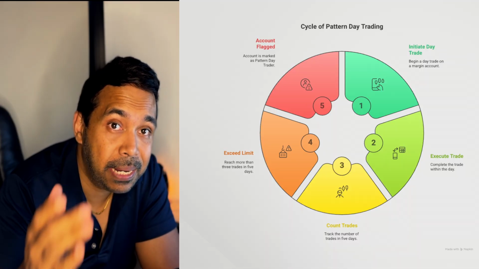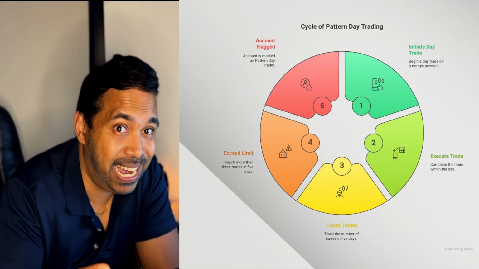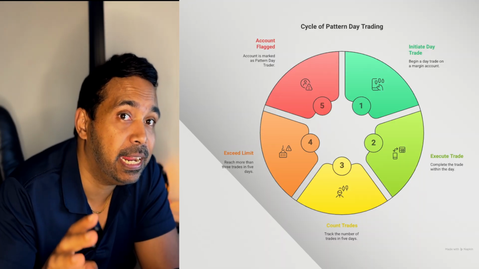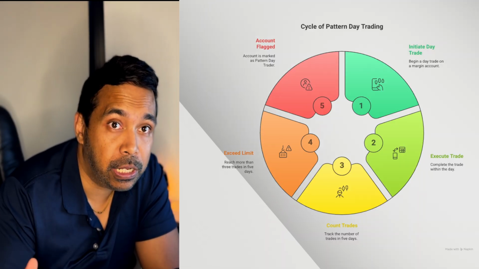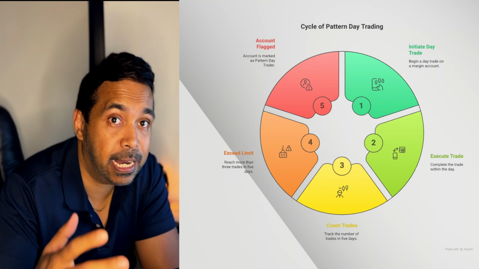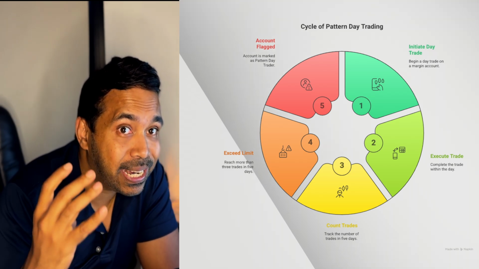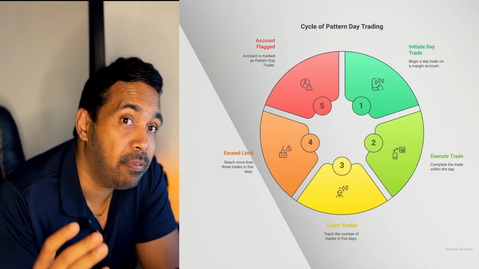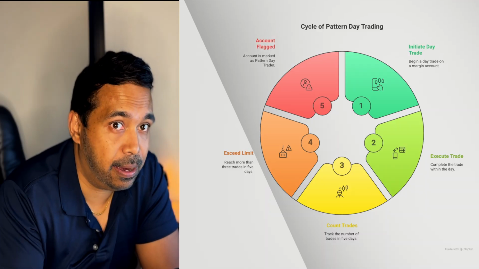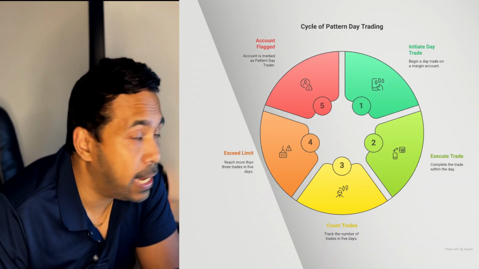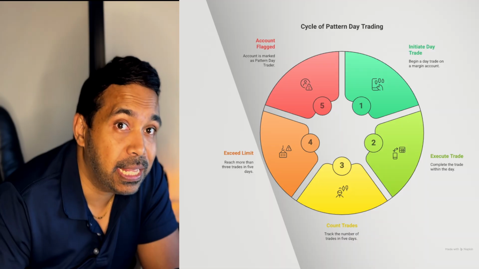So in a nutshell, if you make these 4 trades in the 5 trading day window, which excludes the weekends in most cases, then you are going to be flagged as a pattern day trader. That's the rule defined by the SEC.